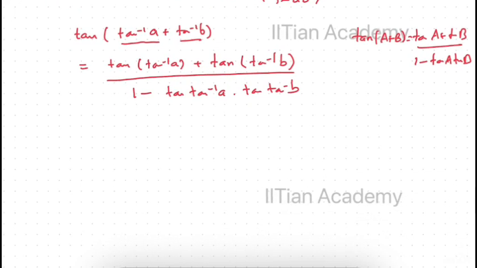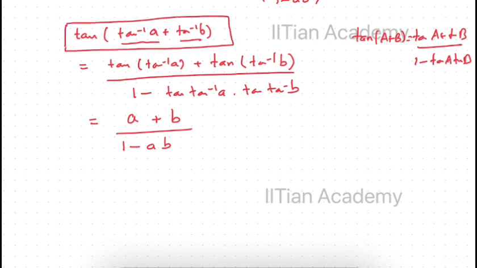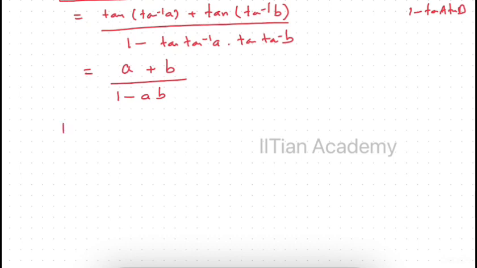Tan of tan inverse A is nothing but A. Tan of tan inverse B is nothing but B. So we get (A plus B) divided by (1 minus AB), which is equal to tan of (tan inverse A plus tan inverse B). Now taking tan inverse on both sides, we get tan inverse of tan of (tan inverse A plus tan inverse B) equals tan inverse of (A plus B) divided by (1 minus AB).